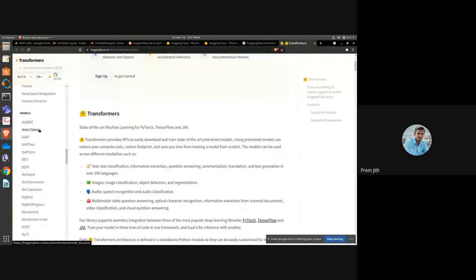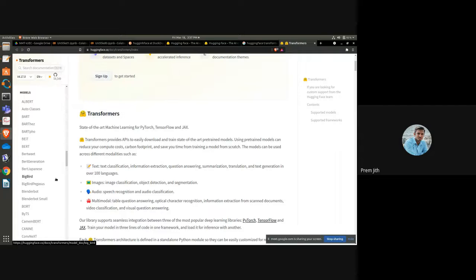Albert, auto classes, BART, BARThez, BERT. Depending upon the data you are going to work on, you can choose different BERT models from here. If you want to work on scientific data, then SciBERT is there. For Japanese data, BERT Japanese is there.